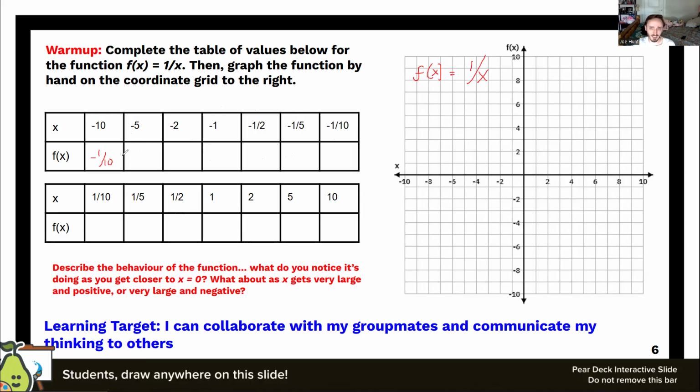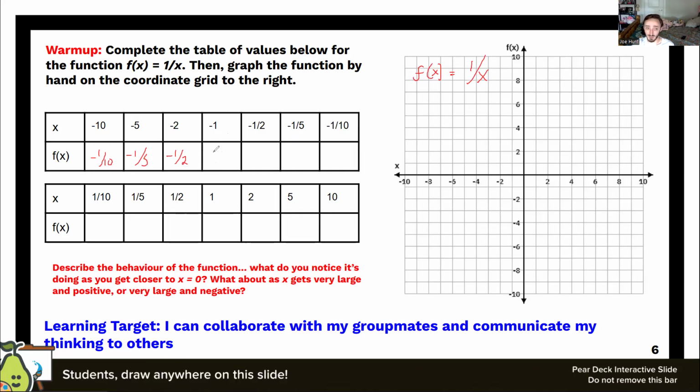I could do 1 over -5, and that's -1/5, or -0.2. But I've also got things like -2 here, so I could do 1 over -2 there and get -0.5.